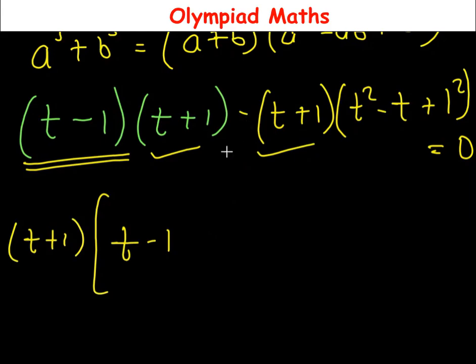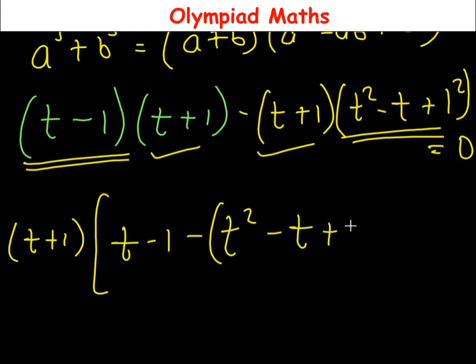And also then we have minus, if you divide t plus 1 multiplied by t squared minus t plus 1 squared with t plus 1, we are going to get t squared minus t plus 1 squared. So t squared, then minus, in bracket minus t, then plus 1 squared is 1. Okay, is all equal to 0.